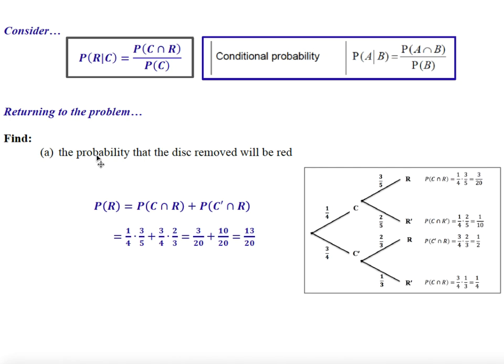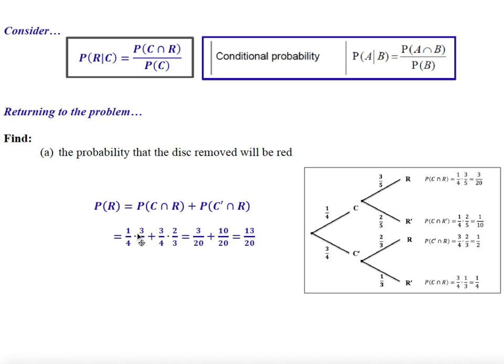The chance that the disc removed will be red, well, you pull club and then you pull red, or you don't pull club and then you pull red. So notationally, your chances of getting red would be what I just described: the chances of pulling club and then red from that particular place, added to the chances of not pulling club but yet getting red from the other place.